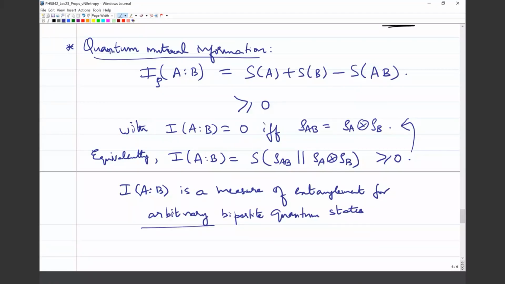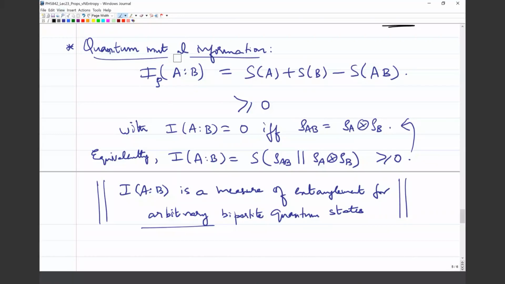The earlier measure that we had, which was to just look at the subsystem entropy, and that itself being a measure, was true only for pure bipartite states. Because it's only for pure bipartite states that you have a notion of a Schmidt decomposition, which then gives some meaning to this subsystem entropy, in terms of the Schmidt coefficients and so on. But for bipartite mixed states, you don't have something like a Schmidt decomposition.